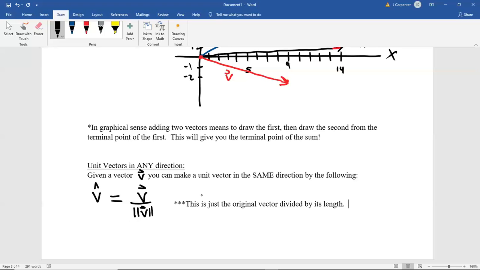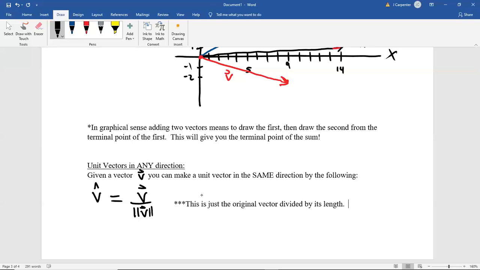But this is a formula. This is a very important formula. This is a very, very important idea in calculus, through differential equations, through complex analysis, getting a vector of length 1 in the direction that we're moving.